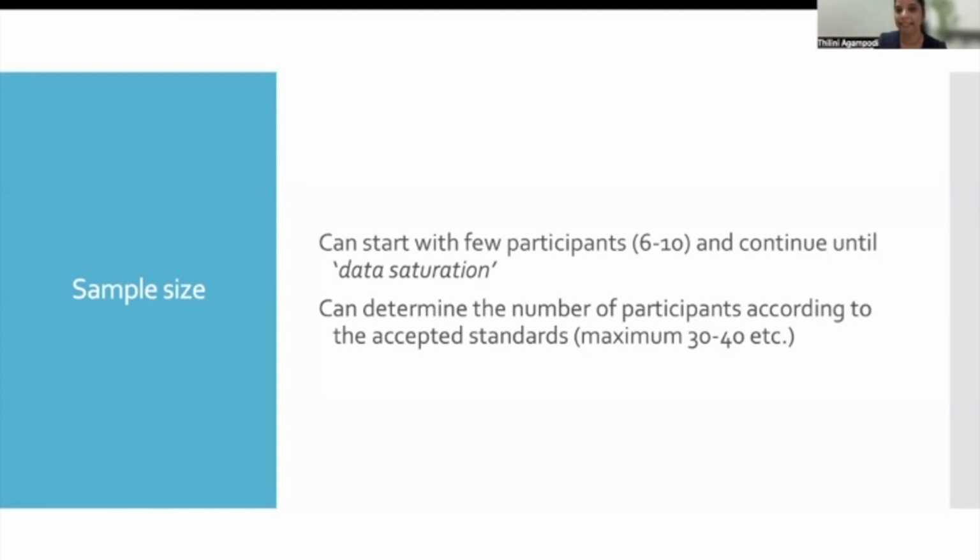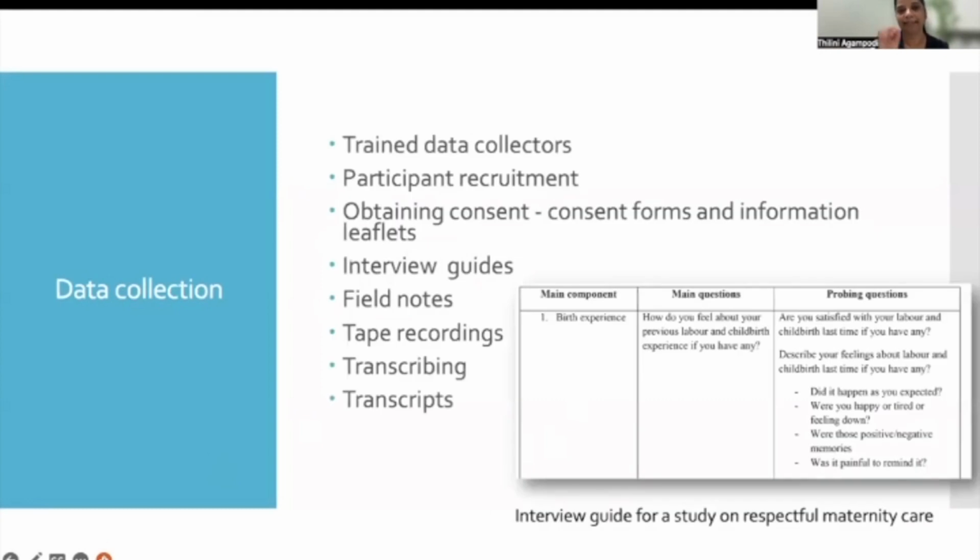So usually for common phenomena, you achieve data saturation around 12, 15 or 20. It depends on the theme and the scope of the study as well. But always you can justify your sample according to these facts. I hope it's clear.